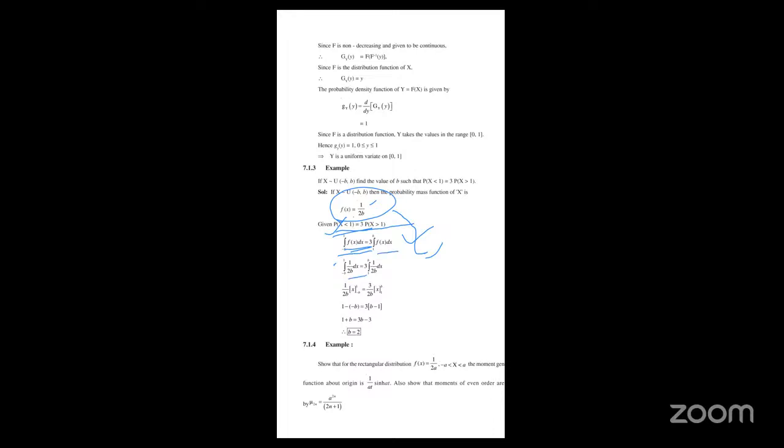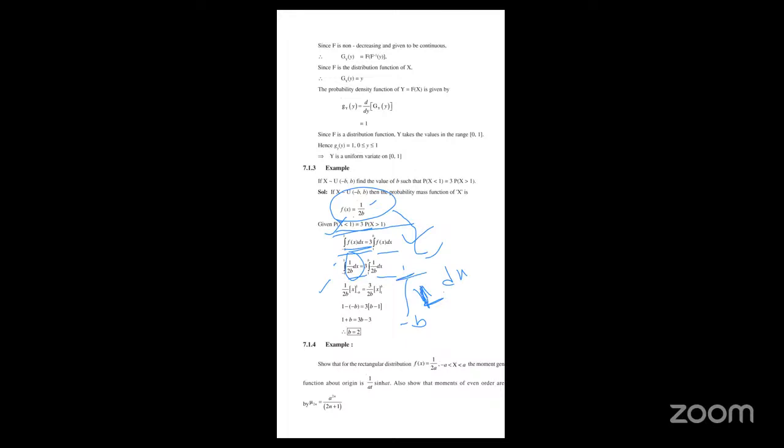So the 1 by 2b comes outside, and it will be the integration of 1 into dx.